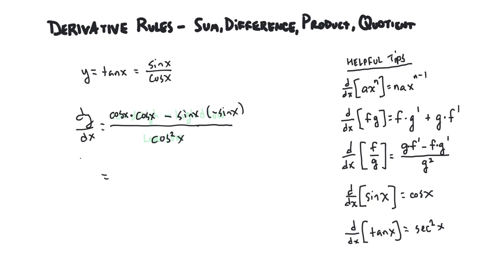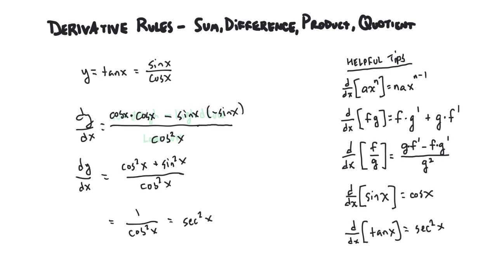And you'll notice in that numerator, perhaps for the last time this year, we see that very common trig identity, cosine squared plus sine squared, which of course we know to be equal to 1. And if there's a 1 in the numerator and a cosine squared in the denominator, that tells us, using the quotient rule, that the derivative of tangent is secant squared.